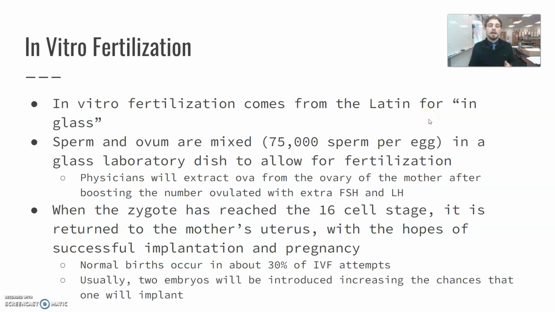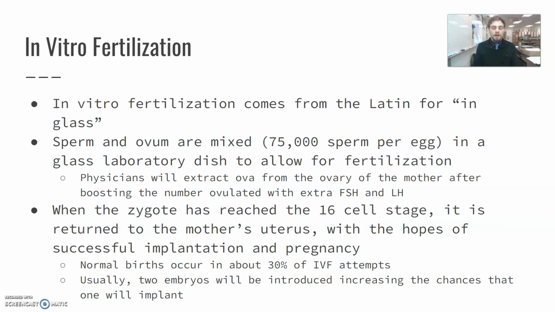In some places, they used to allow several different embryos to be introduced to the uterus because it was rare for one to actually implant. And so you'd go through this very expensive process and not end up with an offspring.